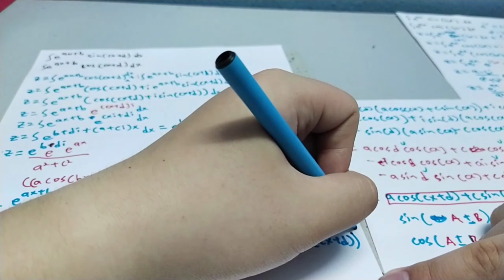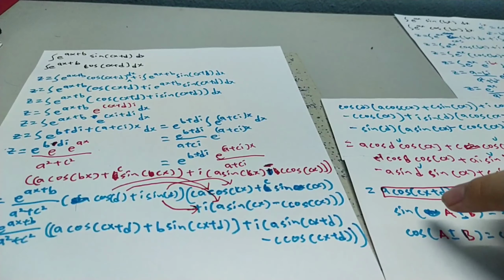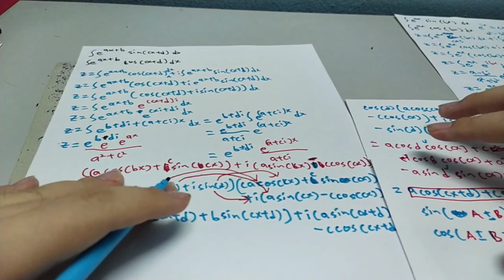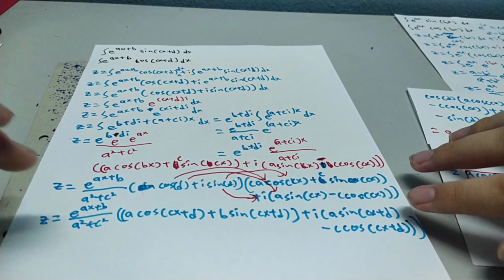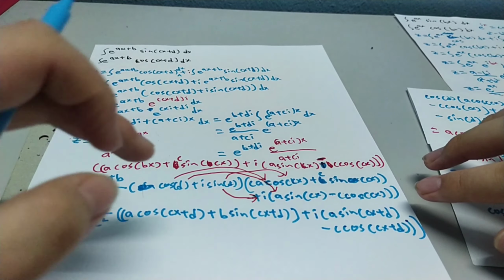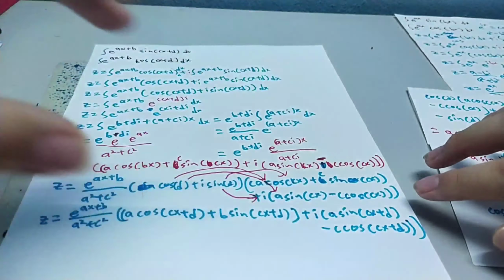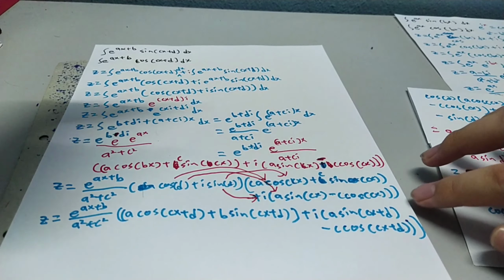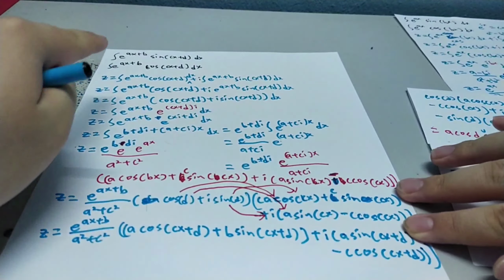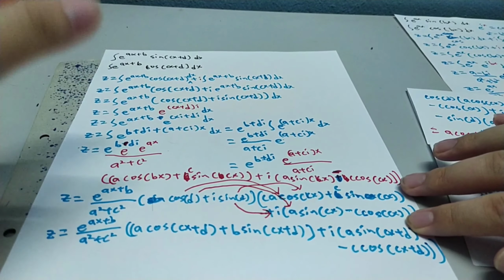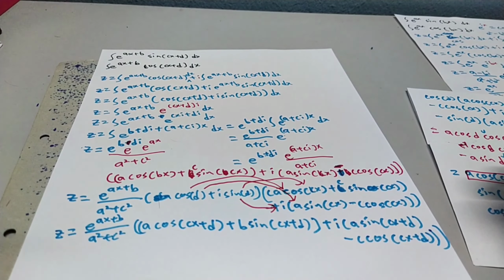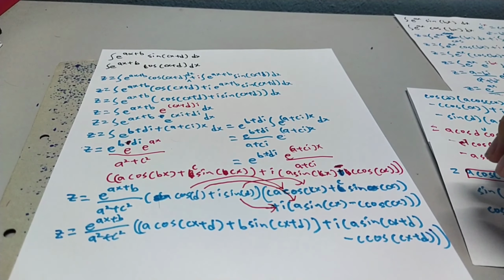Close bracket, and close bracket. Now, after we expand each of these, we will get a similar form as the initial one right here, and then we can compare the real part and imaginary part, and we are done.